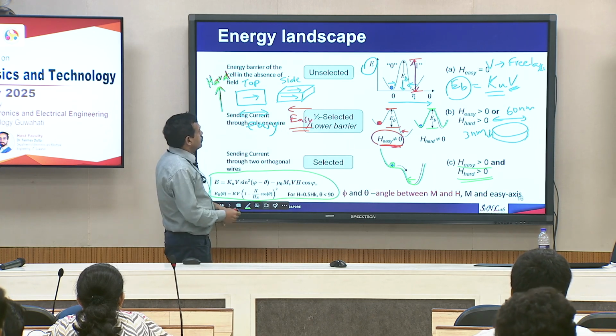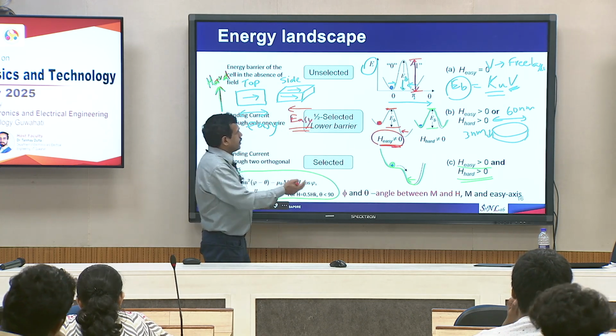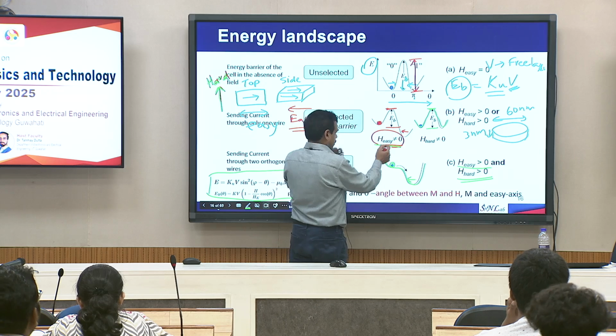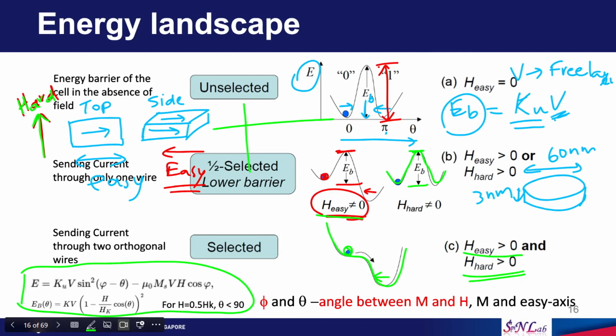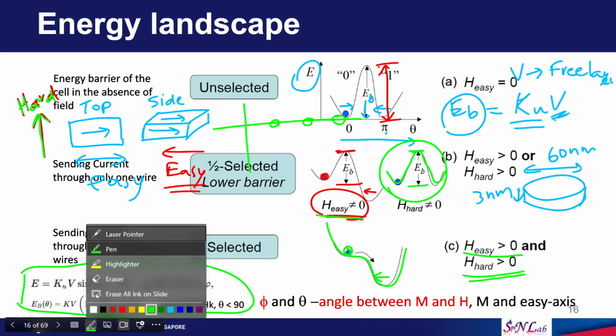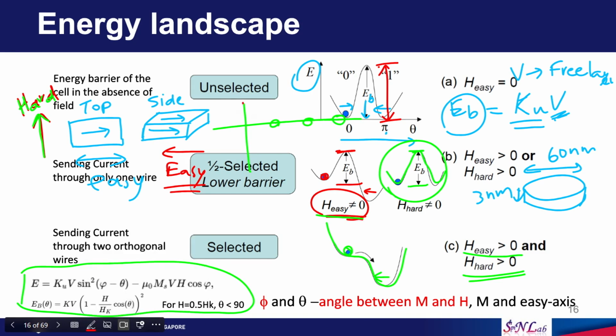All the other cells, for example, the MRAM cells in the easy direction, we are sending current through two wires, right. All the MRAM cells in this particular line have an energy barrier like this, they do not switch, and all the other cells in this particular line, for example, this MRAM, undergo energy landscape changes like this, they also do not switch.